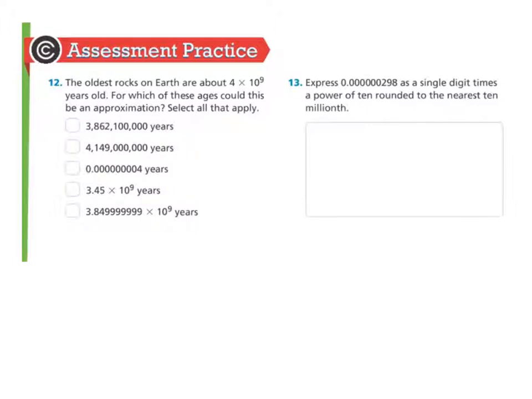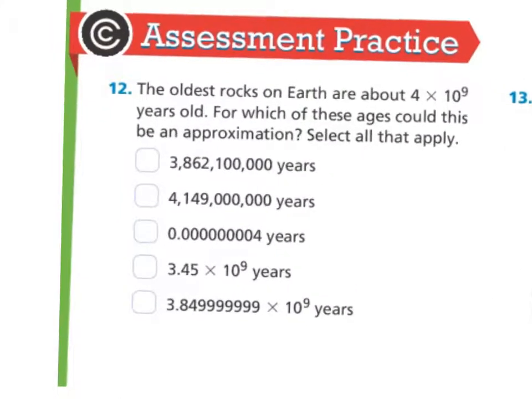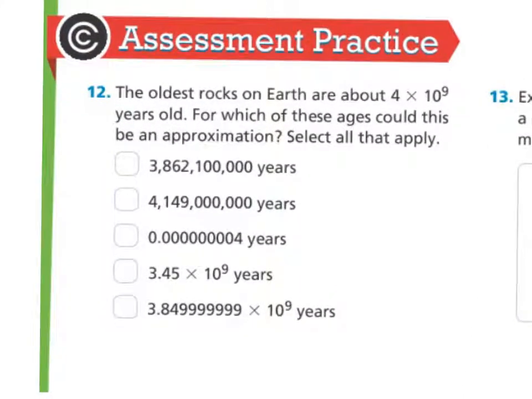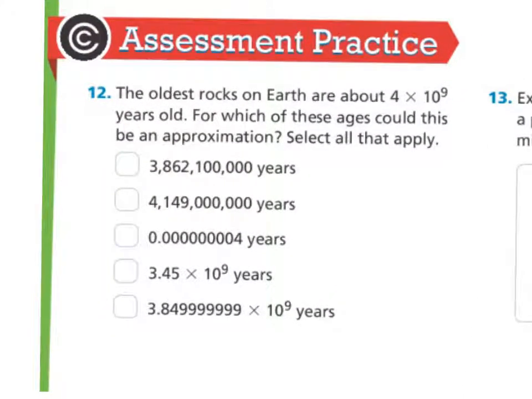Number 12, the oldest rocks on Earth are about 4 times 10 to the 9th years old. Which of these ages could this be an approximation? Select all that apply. So basically, if we were rounding, which of these would we round to 4 times 10 to the 9th?